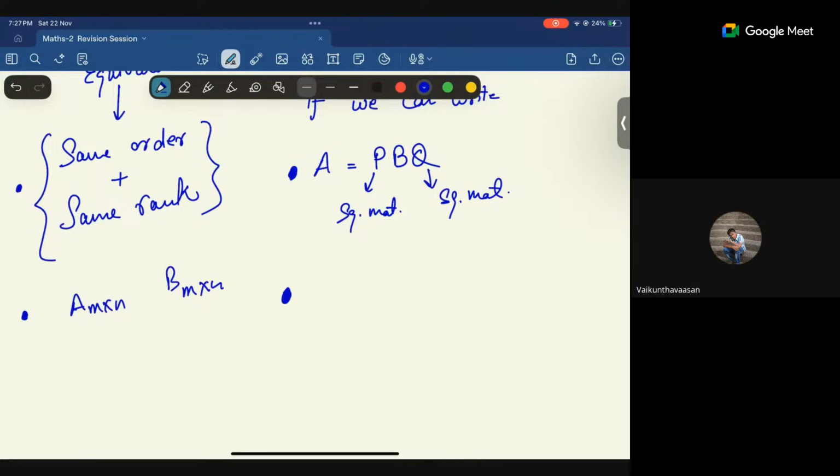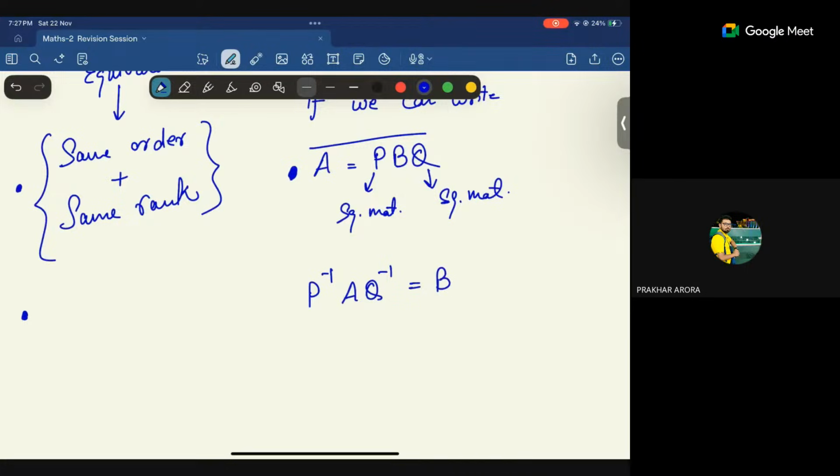Okay, now these are some properties which you should know. If I can write A equals P B Q, then I can write P inverse A Q inverse equals B. The right way of writing it is B equals P inverse A Q inverse.